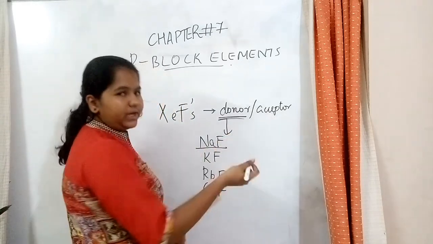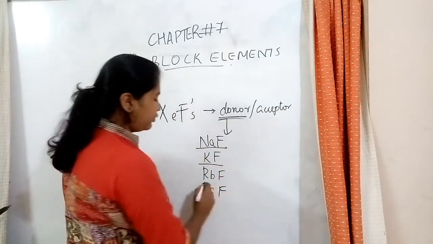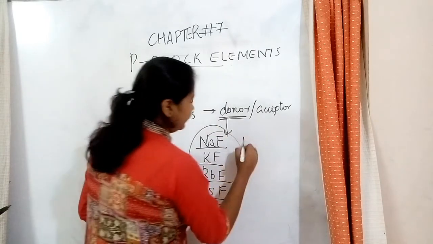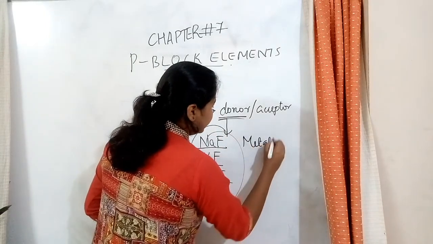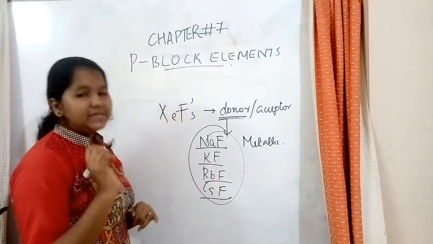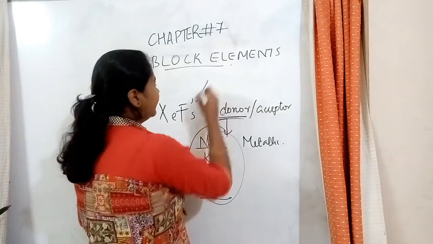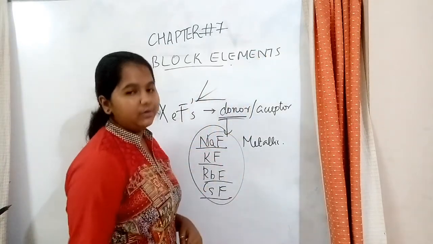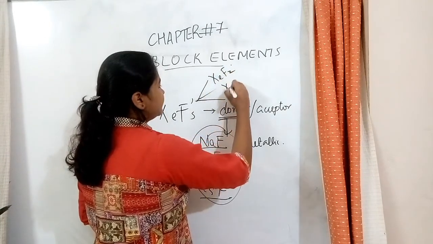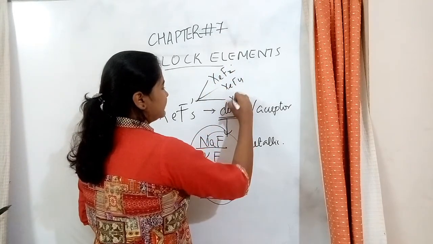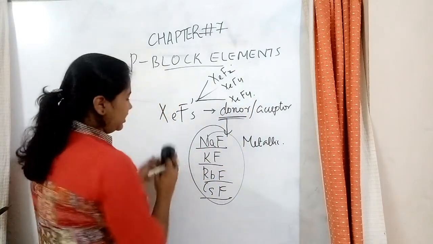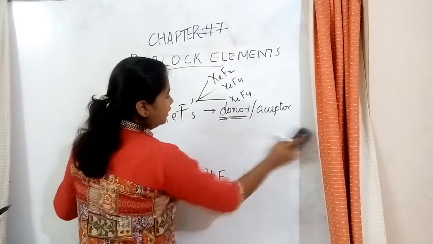This is sodium fluoride, that is potassium fluoride, rubidium fluoride and cesium fluoride. These are metallic fluorides. We discussed all of these. Now let's see the equations. So xenon fluorides, how many did we learn? We learned 3 of them. Which all were they? They were XeF2, XeF4, XeF6.